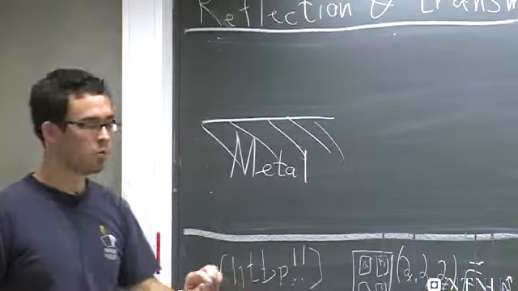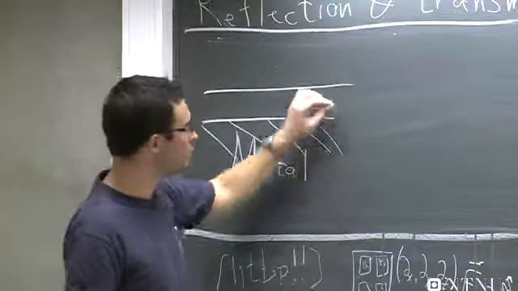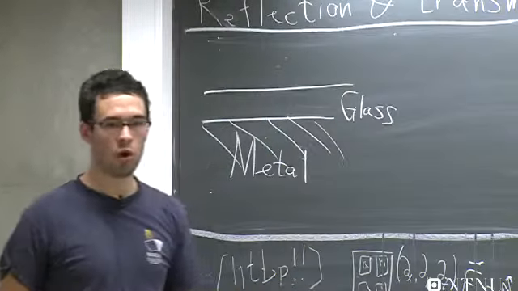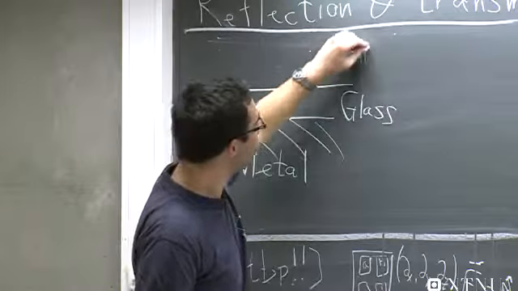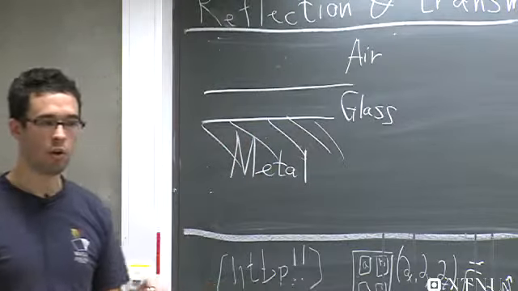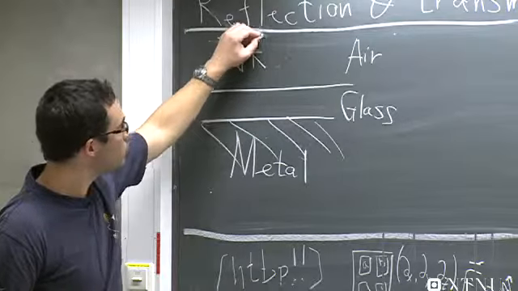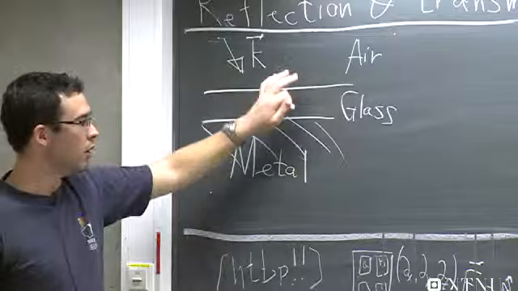I put a metal substrate here. Then I put a thin film of glass. It could be more or less anything, but let's call it glass for now. Then I have air on the top of that. So when I shine light here, what does the dispersion relation look like in the air and in the glass?